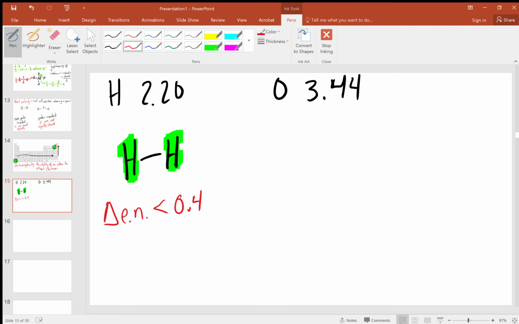But if this difference in electronegativity is small, that means the two atoms that are bonded to each other are equal in their ability to attract electrons. So they're going to be tugging on those electrons pretty much the same amount. And so we're going to end up with relatively equal sharing here. And so that's our nonpolar covalent.